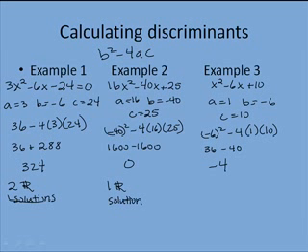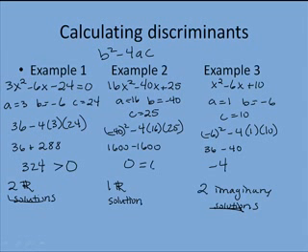In example 3, we had two imaginary solutions. Okay, so notice that this discriminant is greater than 0. This discriminant equals 0, and this discriminant is less than 0.